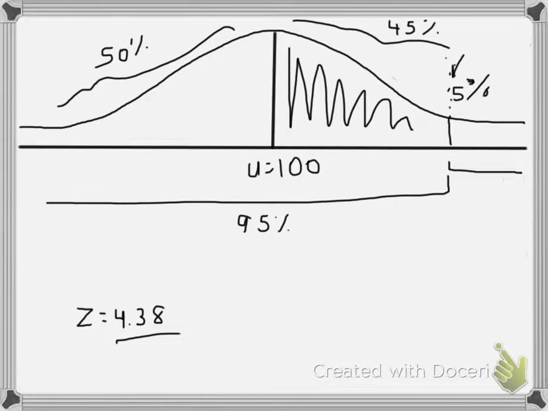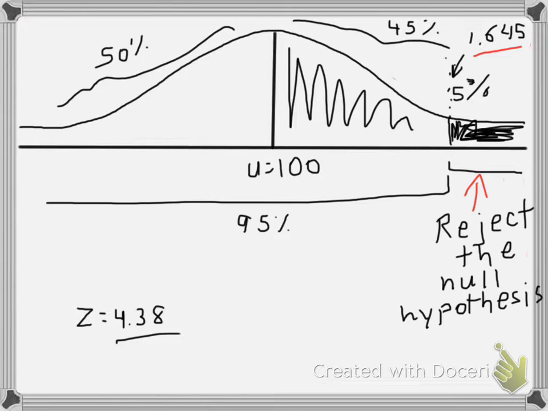Now I know that my limit right here is going to be 1.645, and this is going to be my rejection area to reject the null hypothesis. So if my z-value is greater than 1.645, then I can, in essence, reject the null hypothesis.